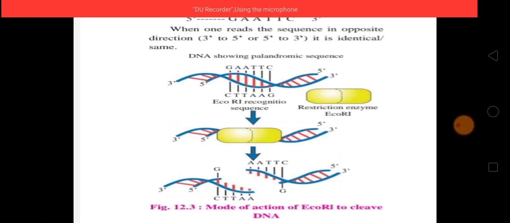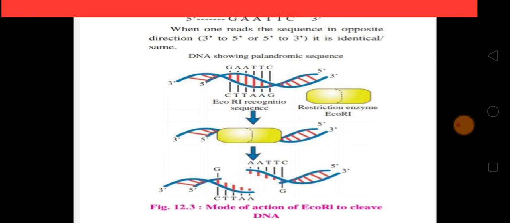In this figure, see how restriction enzyme EcoRI cuts the DNA molecule. The sequence recognized by the restriction enzyme is 4 to 8 nucleotides long and characterized by a particular type of internal symmetry.